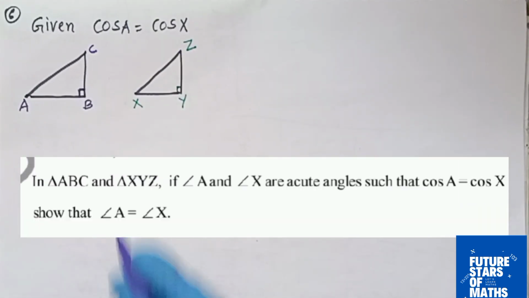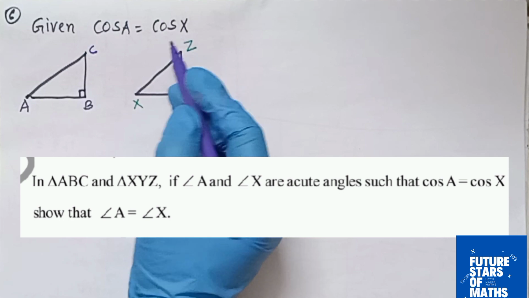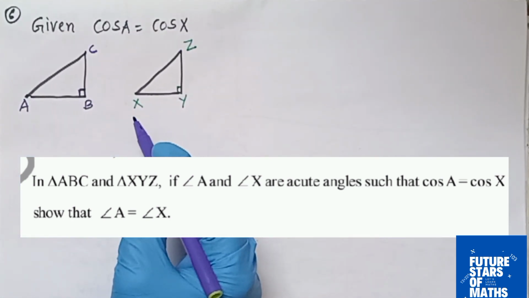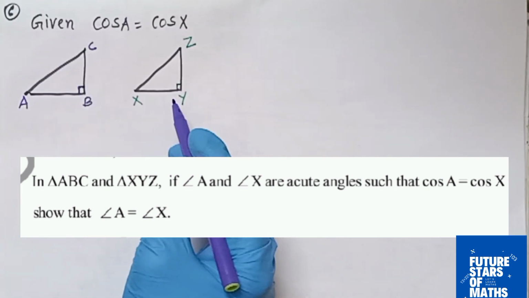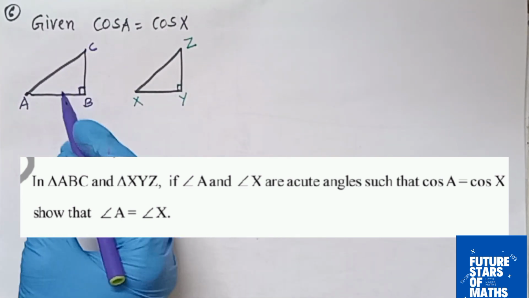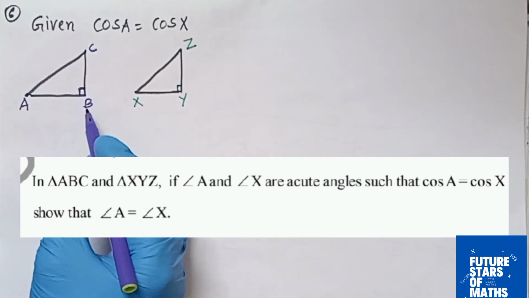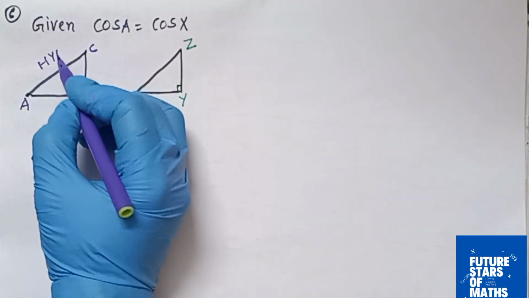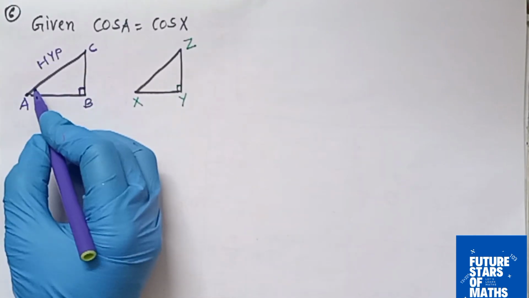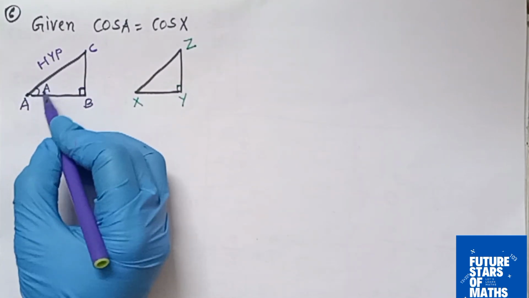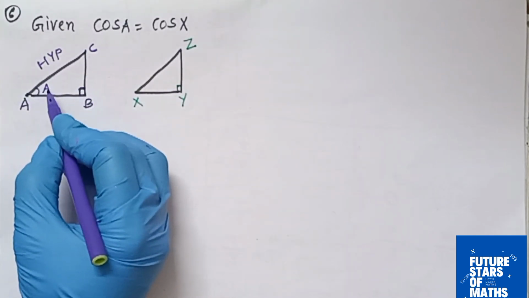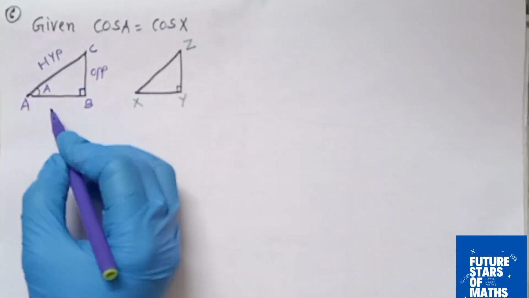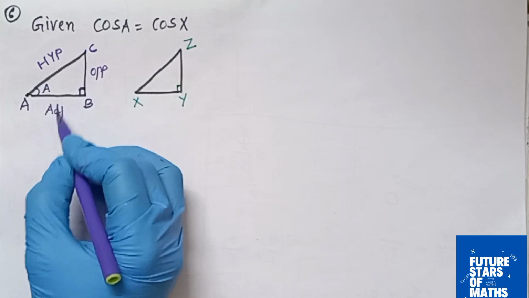Here it's given that cos A equal to cos X and angles A and X are acute. So we have drawn two right angle triangles. Here 90 degrees is at B, so the side opposite to this will be the hypotenuse. If we take the angle at A, then the side opposite to it is the opposite side, and this is the adjacent side.